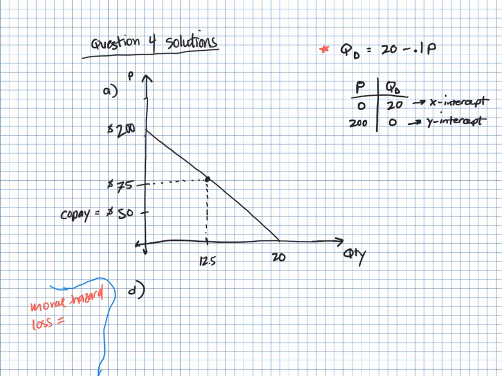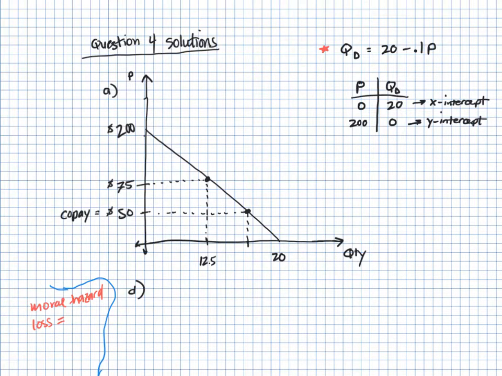So to answer part D, after resetting the graph here, what we want to do is find out how many times Bob is going to go to the doctor when he has the $50 copay. So this is equivalent to finding the QD when the price is 50.